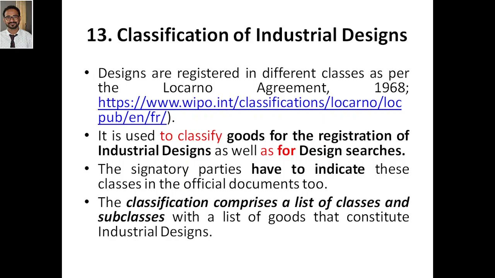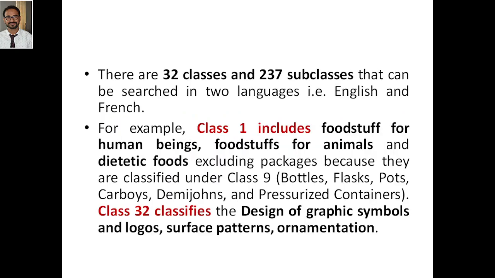Now the classification comprises a list of classes and subclasses with a list of goods that constitute industrial designs. We have classes, and we have subclasses. Here we have around 32 classes and 237 subclasses that can be searched in two languages, English and French.